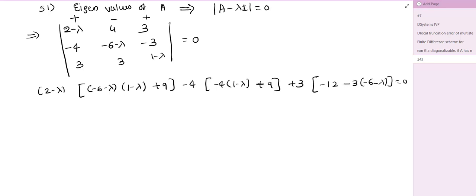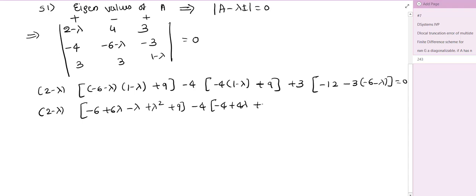Now 2 minus lambda into, let us simplify, minus 6 plus 6 lambda minus lambda plus lambda square plus 9. So minus 4 into minus 4 plus 4 lambda plus 9. So plus 3 into minus 12 plus 18 plus 3 lambda equal to 0.